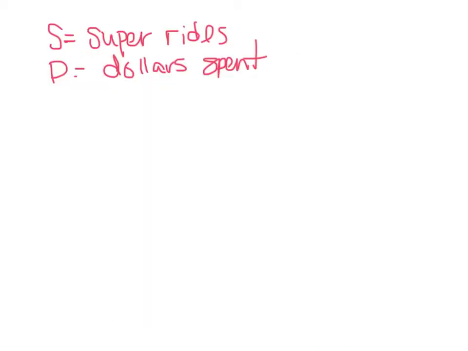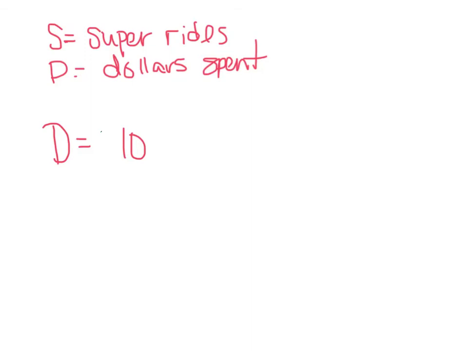Now, our problem says that admission to the amusement park is $10. So let's start out with our D. Of course, that equals dollars. And regardless, you've got to pay the $10 fee to get into the amusement park. Next, it says that the super rides are $3 in addition.